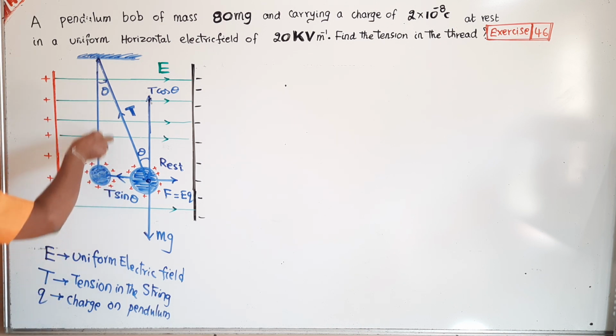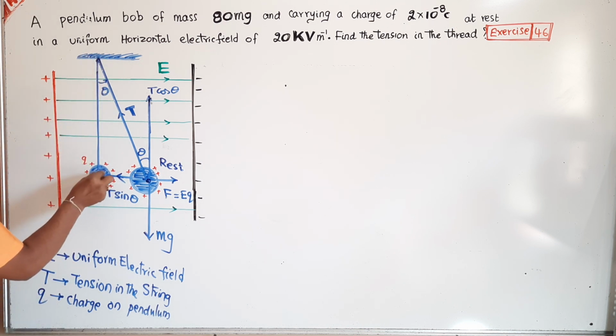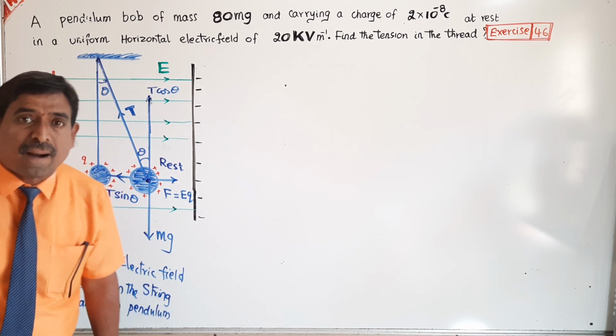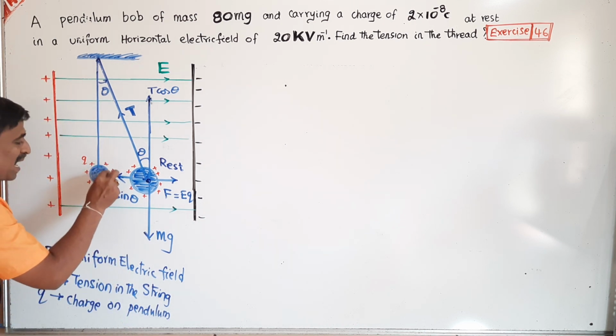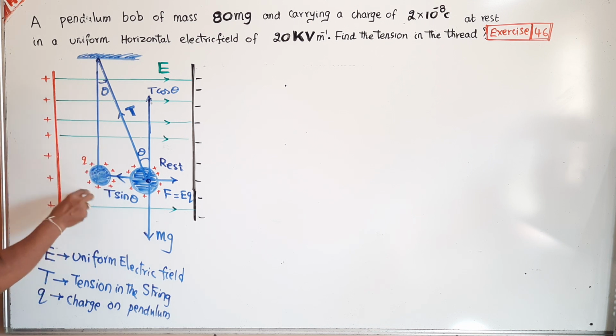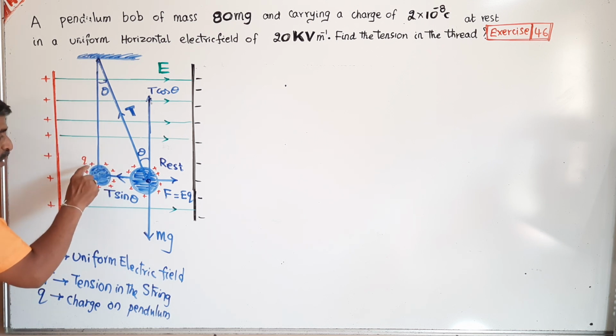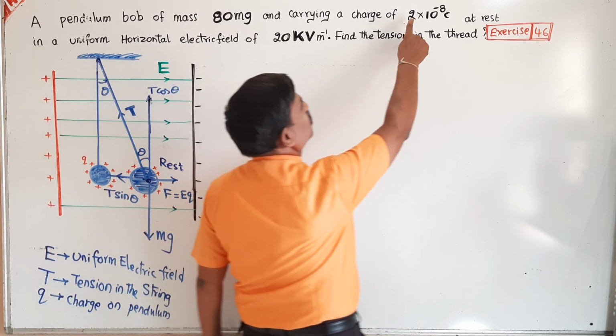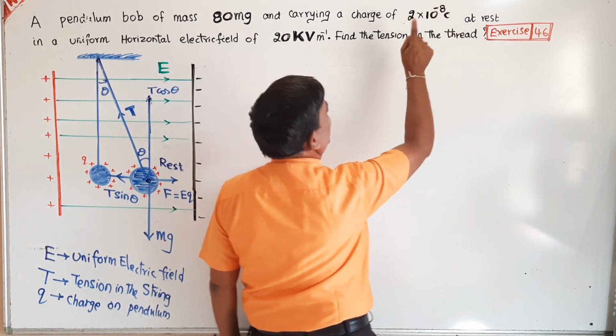Now this is the simple pendulum. It is a small metallic sphere suspended by means of a thread. This small metallic sphere we call the bob. It is given a positive charge. Charge is 2 into 10 power minus 8 coulomb.